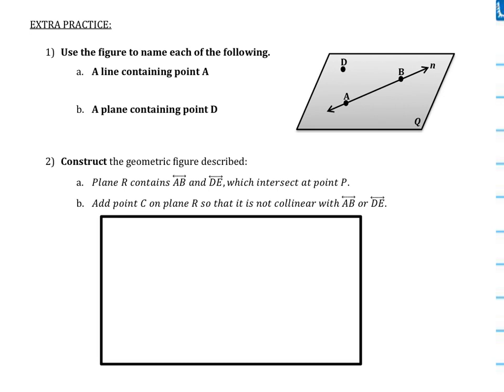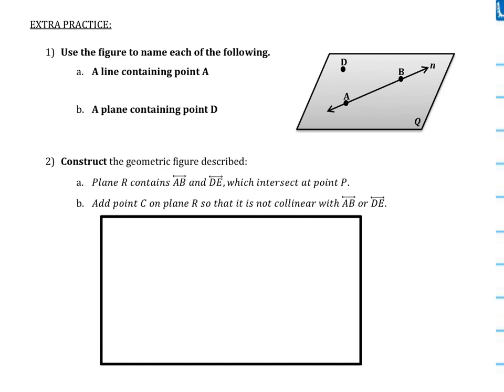So we want to take a look at constructing some things and naming some things. So real quick, let's just kind of name some items on this figure to the right. Take a moment, pause the video, try to do it yourself, and then check your answers against mine.